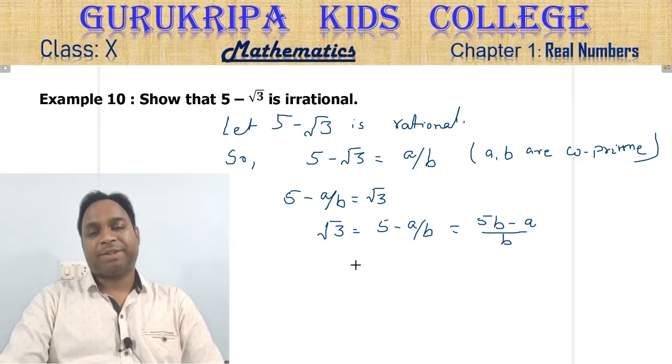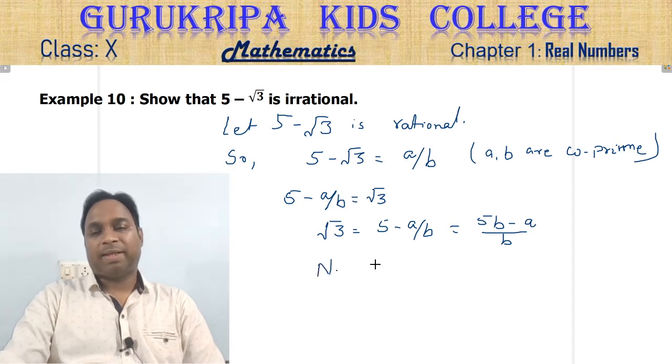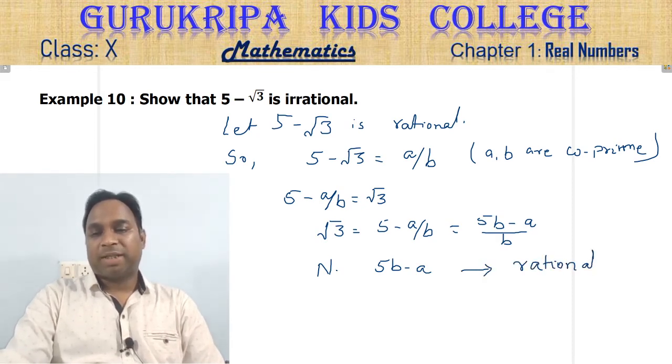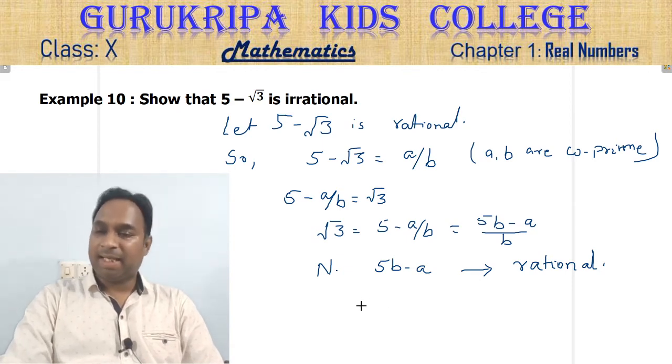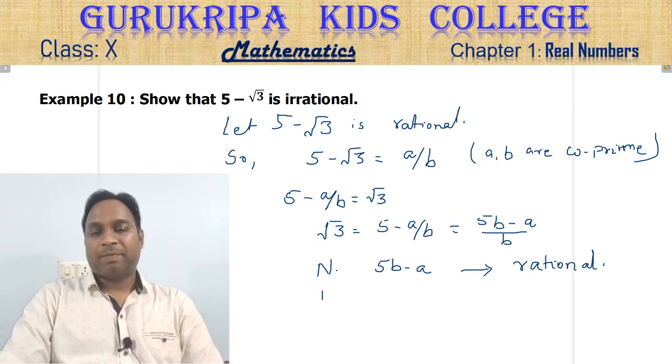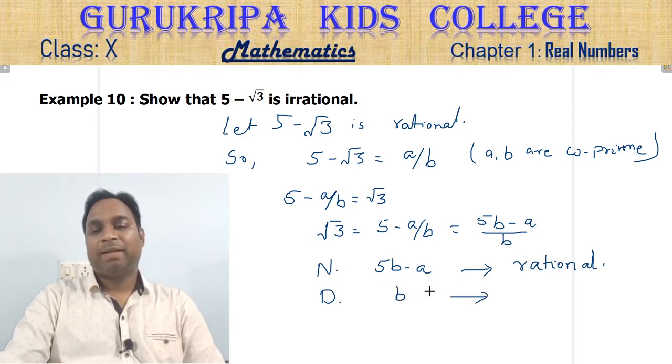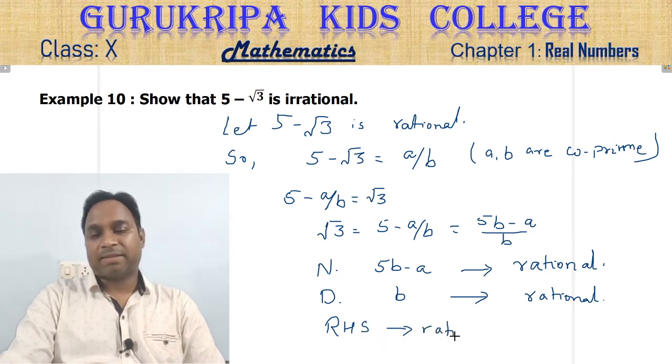So see the RHS now. Numerator: 5b minus a. Is it rational or irrational? This is rational because a and b both are integers. If you talk about the denominator, b is also an integer, so b is also rational. So RHS is rational.